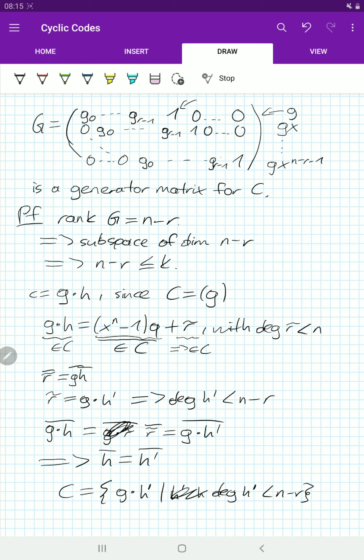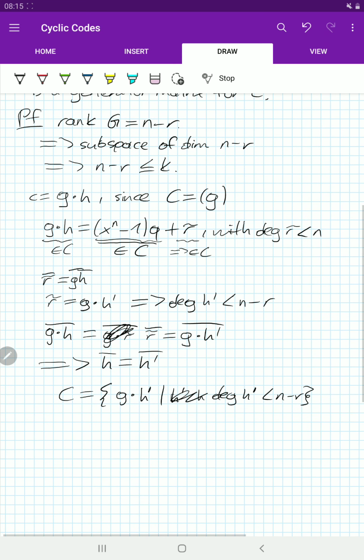And we see clearly that this is a vector space of dimension n minus r, so the dimension of C is equal to n minus r. And we also had that the rank of this matrix is n minus r. So we get that it is indeed a generator matrix. And so we're done with the proof of the lemma.